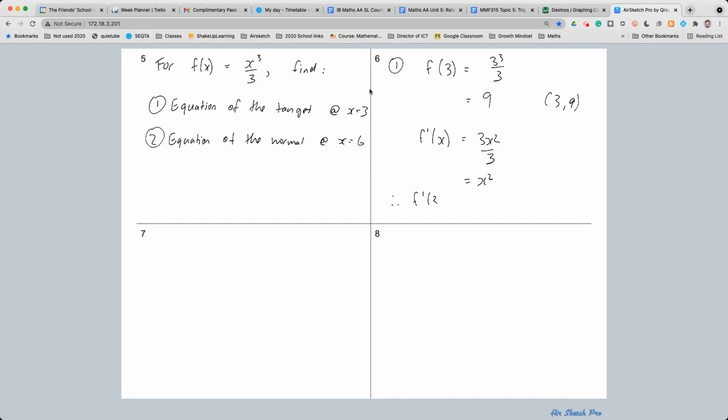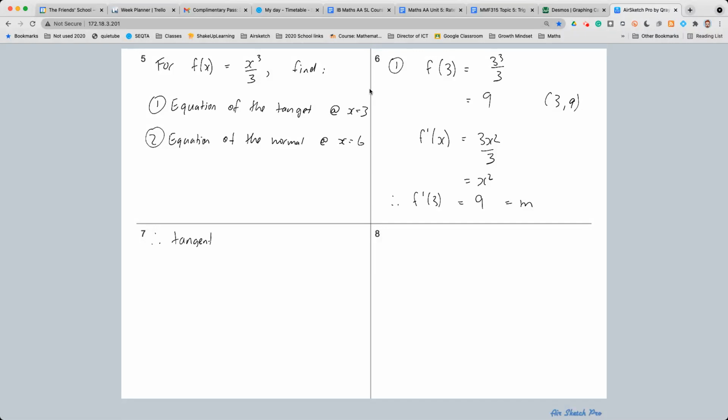Therefore, f dash of 3 is equal to 9. That's going to be the gradient. Any questions from anyone else? Okay.